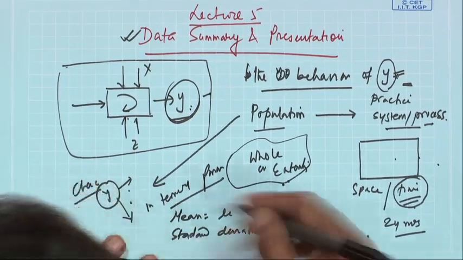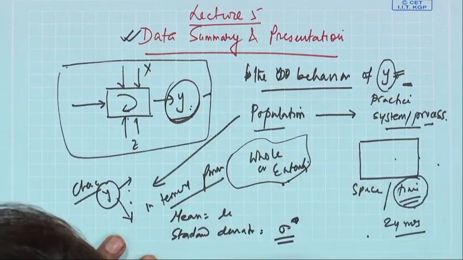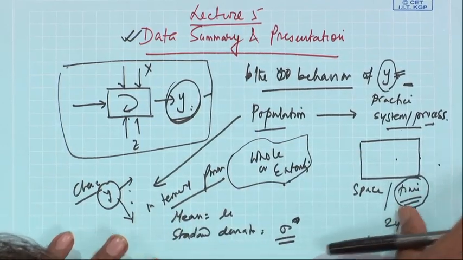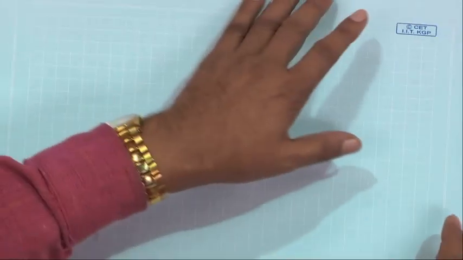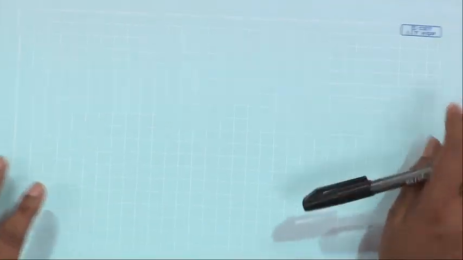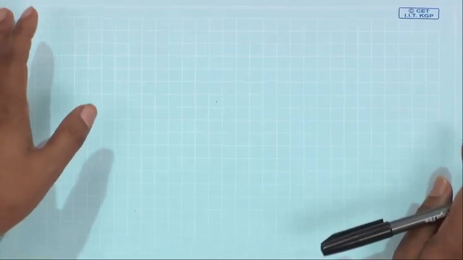There may be many more parameters, but we cannot wait for observations of the entire span of the system or a countably infinite number of items to be produced. What we basically do is experiment, or we collect data. In our case, it is the experimental data.